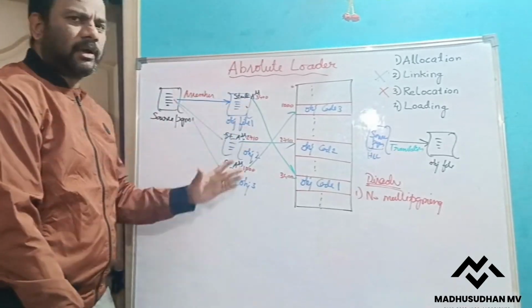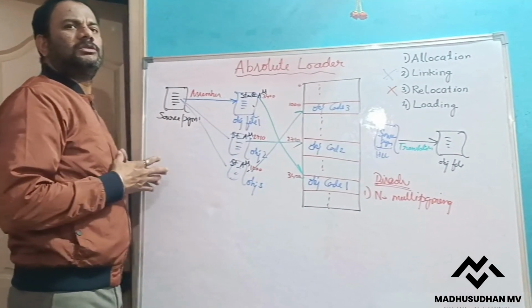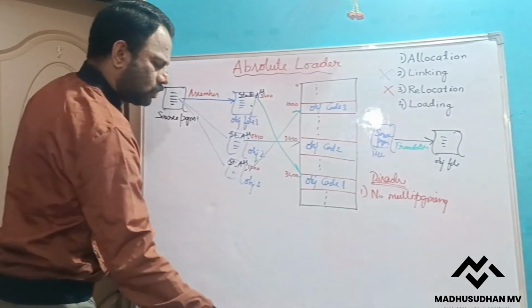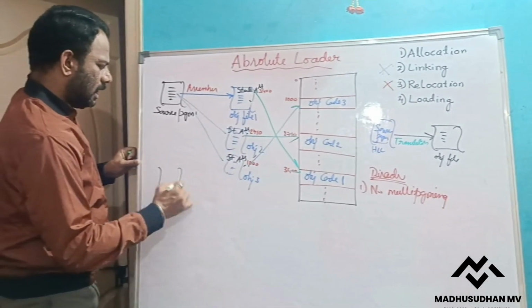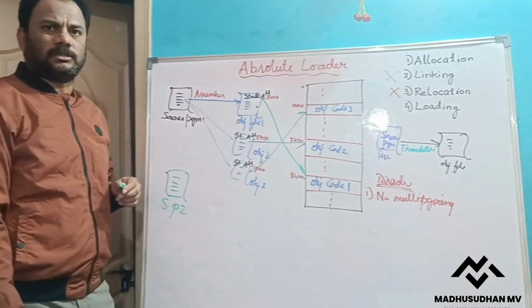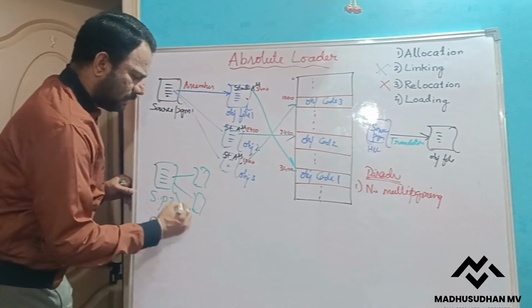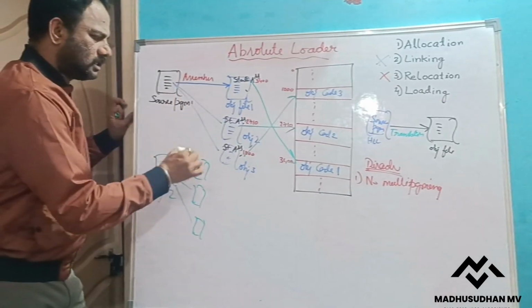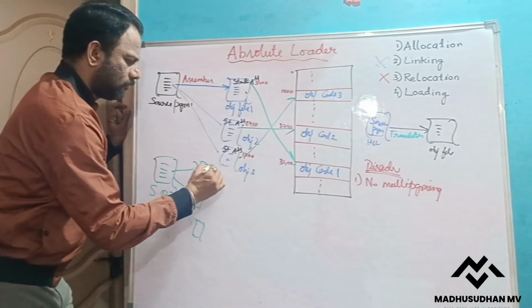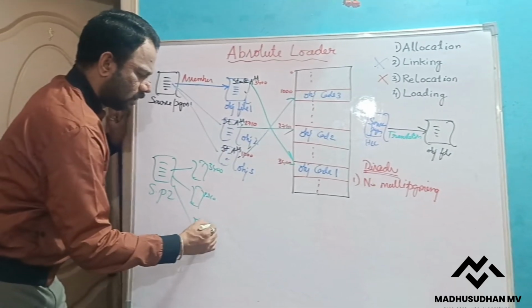After some time the user wants to generate one more source program, say source program 2, to execute. Whenever it generates its object code, it also says this has to load at 3400, this at 2710, this at 3000.